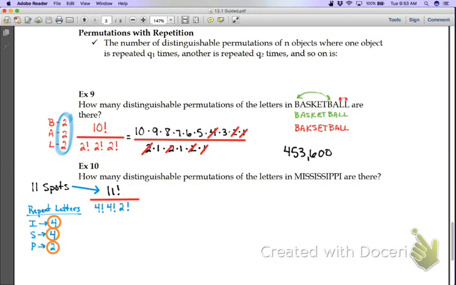So then whenever I take everything up top, I'm going to have 11, 10, 9, 8, 7, 6, 5. Can I stop at 5 for one of them?